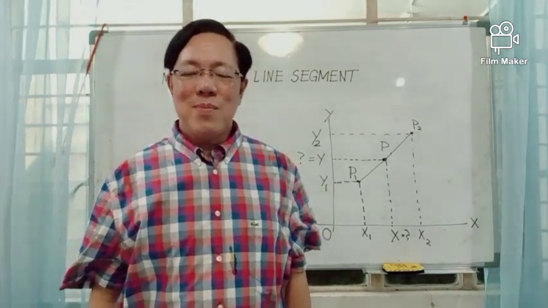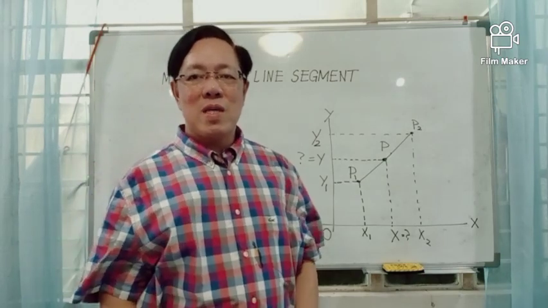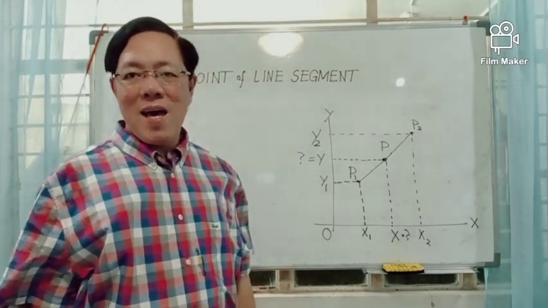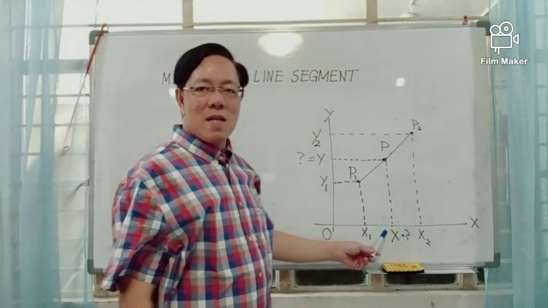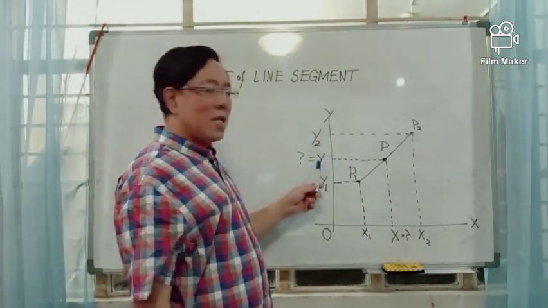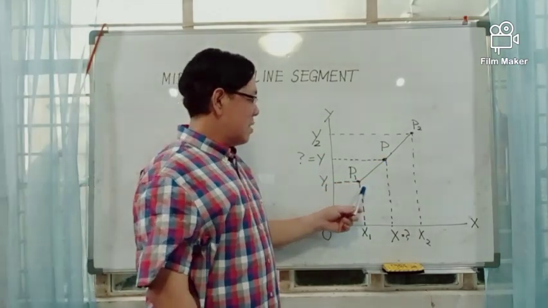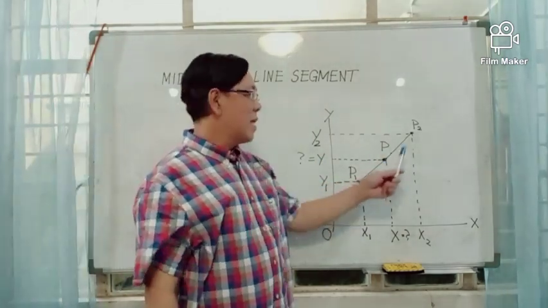We find the value of y using the same process we use when we find the value of x, the abscissa of the midpoint. Now we find the ordinate of the midpoint of the line segment through the points P1 and P2.